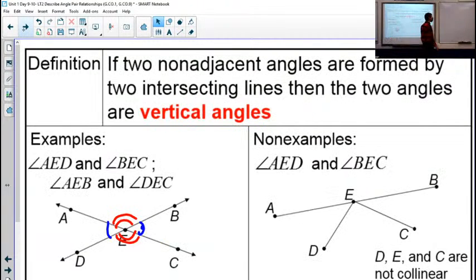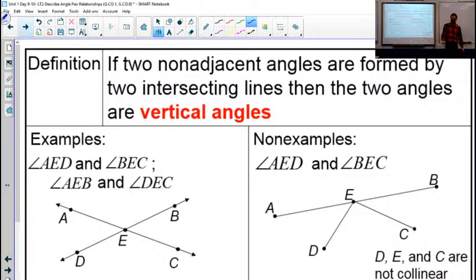And the last one that we're going to talk about is vertical angles. So vertical angles, I'm going to erase this so I can show it again. Vertical angles are angles that are not adjacent in the intersecting lines.